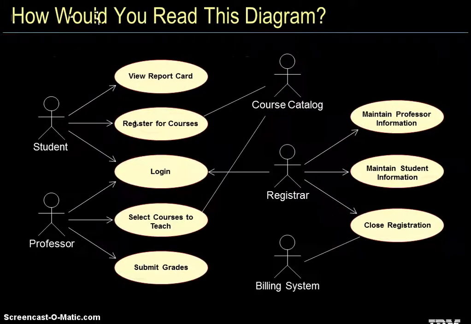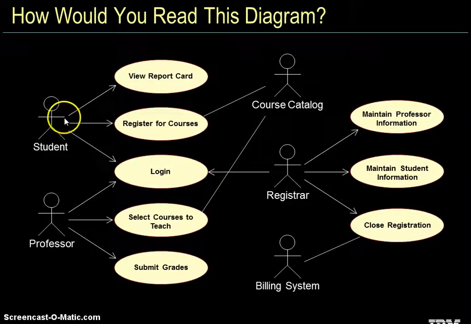Next, we'll take an example I have already mentioned, how a student goes about registering himself for a given course. In this regard, we will consider a total of 5 actors. The first actor is the student, the second actor is the professor, the third is the course catalog, the fourth is the registrar, and the fifth is a clerk who maintains the billing system. First, we will consider various use cases relevant to the student actor.